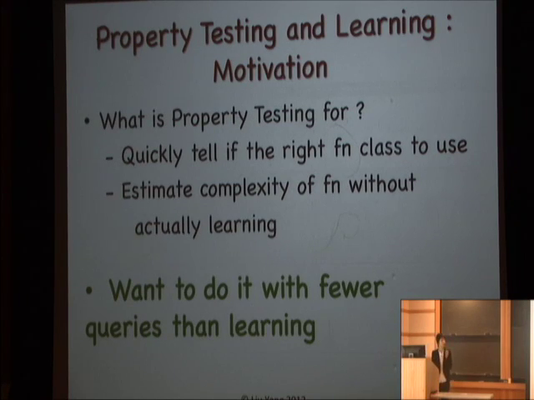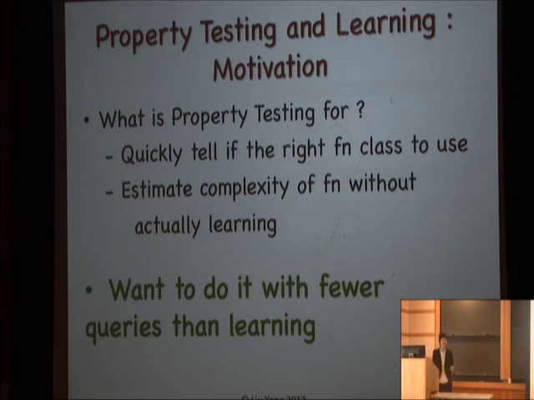Our goal is to do testing with fewer queries than learning. Ideally, it would be really desirable to have the query complexity of testing independent of the dimensionality n and have polynomial dependence on the distance parameter epsilon.